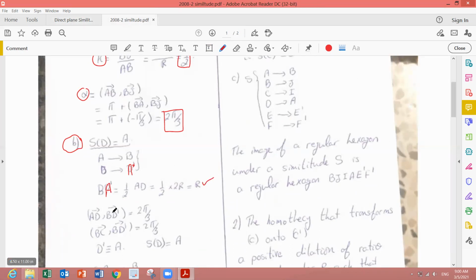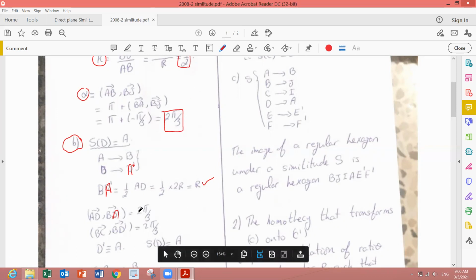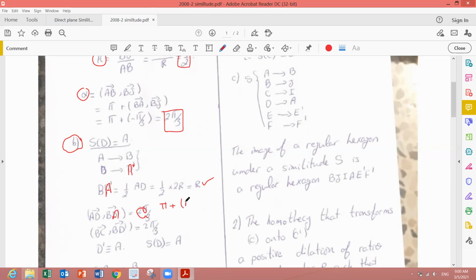Now the angle (AD, BA). How much is the angle (AD, BA)? I can write it as pi plus (AD, AB), equal pi minus pi over 3.